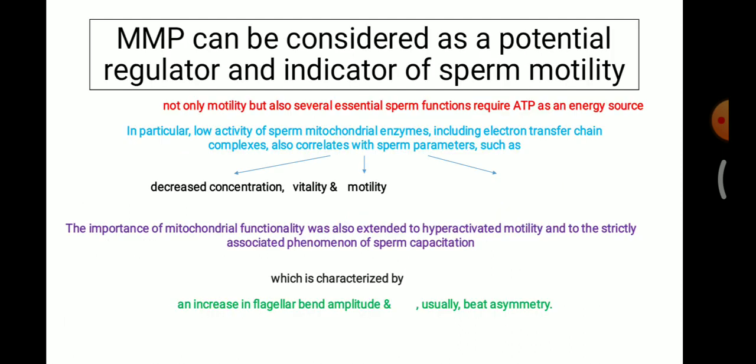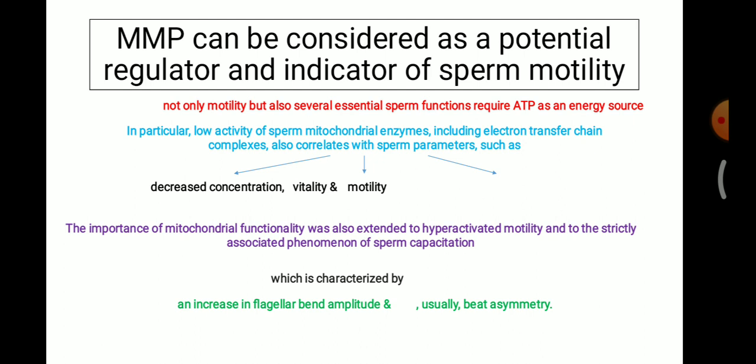Mitochondrial membrane potential can be considered a potential regulator and indicator of sperm motility. Not only motility but also several essential sperm functions require ATP as an energy source. In particular, low activity of sperm mitochondrial enzymes, including electron transfer chain complexes, also correlates with sperm parameters such as decreased concentration, vitality and motility.